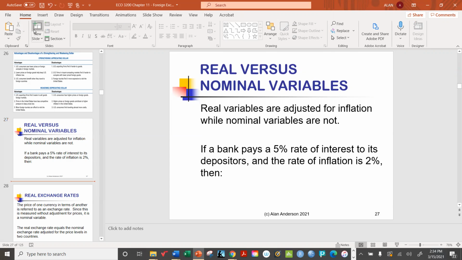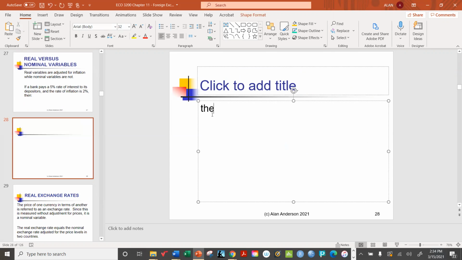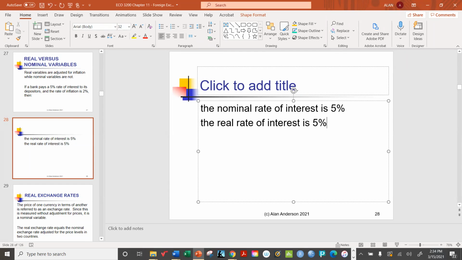Number one, the nominal rate of interest is 5% because that's the rate that you actually are being paid, but the real rate of interest is 5% minus the inflation rate of 2%, which equals 3%. Okay, so in other words, what we did here is we took the nominal rate, subtracted off the inflation rate to come up with what we will call the real rate of interest.